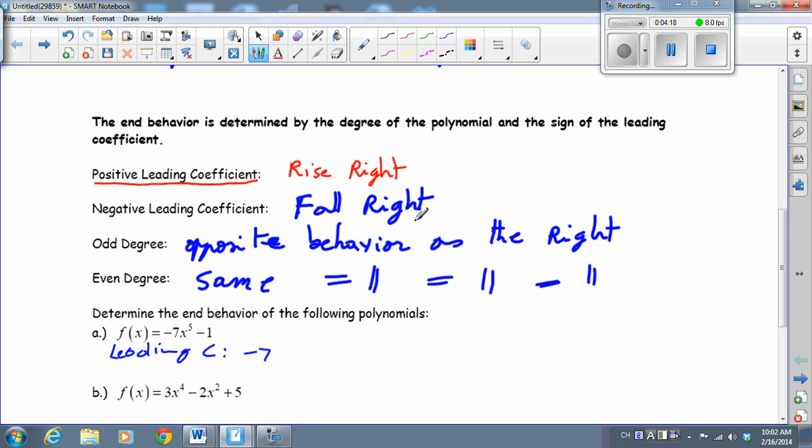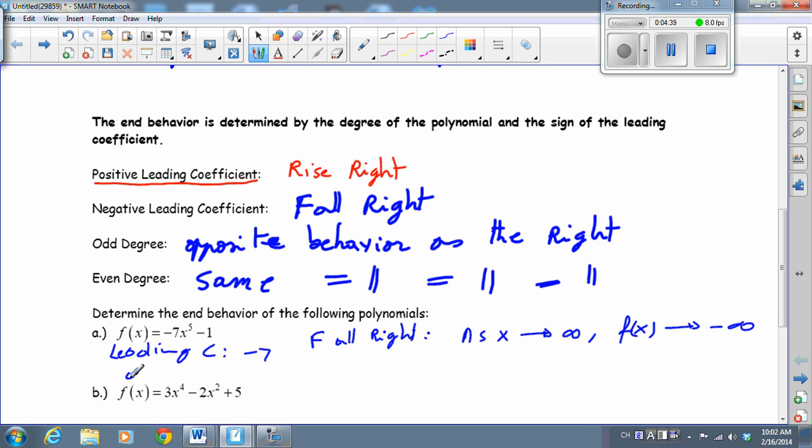So I'm falling right. Falling right means as x approaches infinity, f of x will approach -infinity.